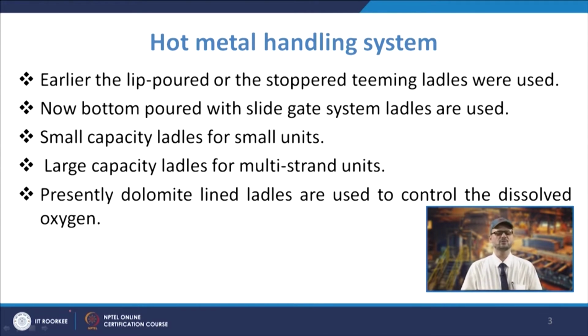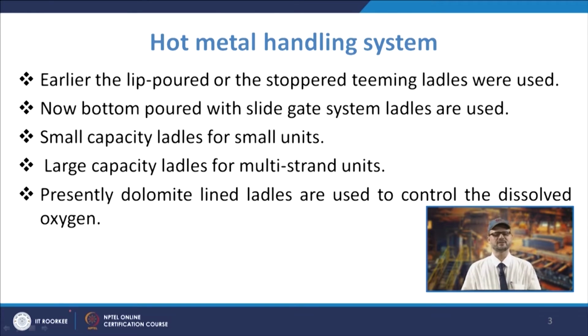But now in most cases bottom poured ladles with a slide gate system are used. You will have the metal coming from the bottom, and the slide gate for controlling the flow of the liquid metal. By operating the slide gate you can allow the liquid metal to fall from the ladle into the tundish.